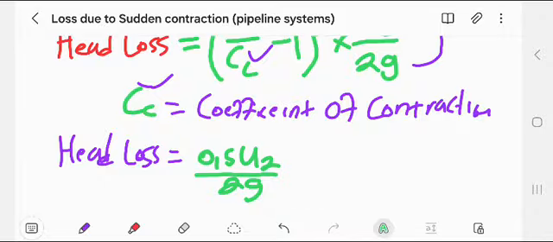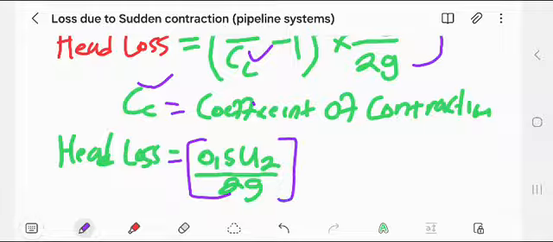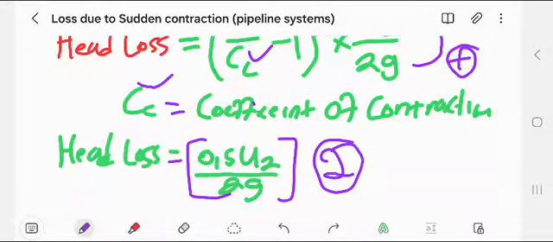This is the equation we use for head loss due to construction when you are not given the coefficient of construction. You must take note of that. Hopefully you will understand this. This is the second equation for calculating that, and that one was the first one.